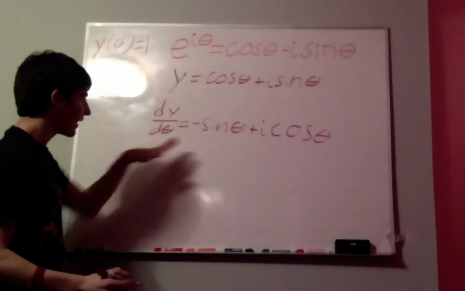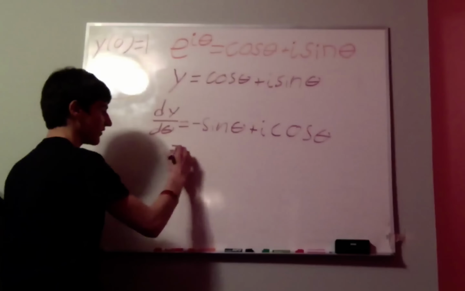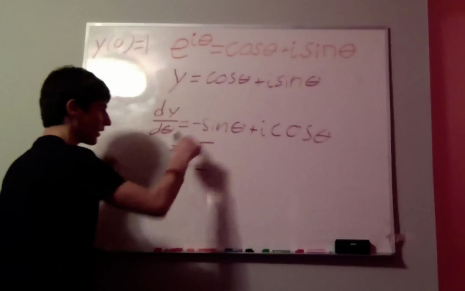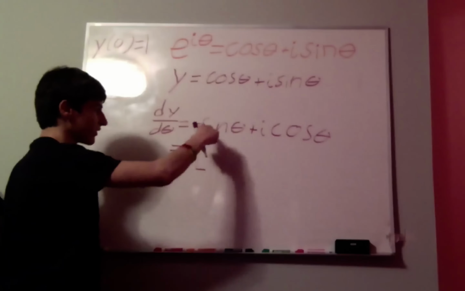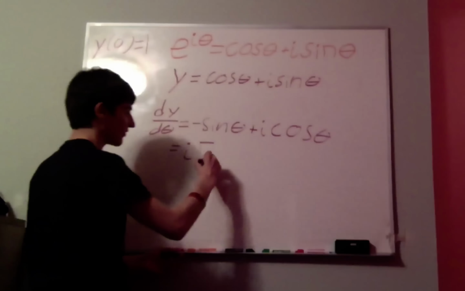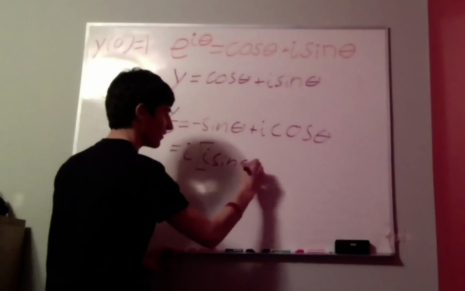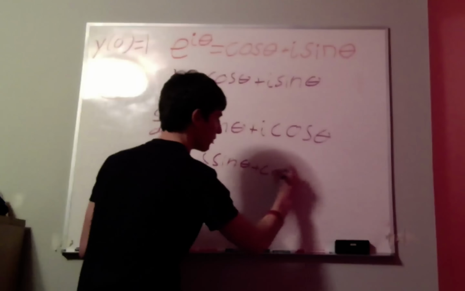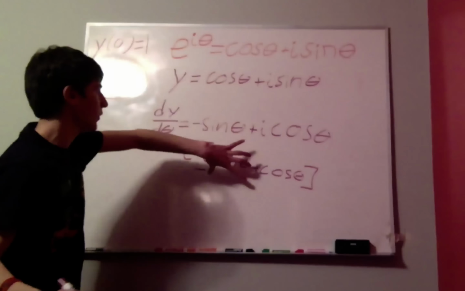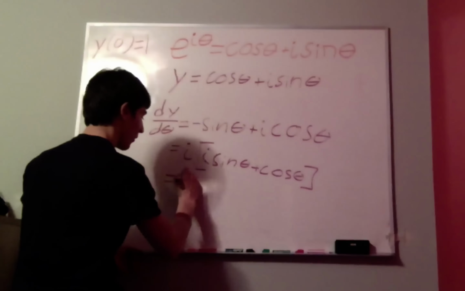Alright, now I'm going to factor out an i. So I squared is going to be negative 1, so if you bring out an i, this is going to be i sine theta plus cosine theta. If you look back, this is exactly what we defined y to be. So it's equal to iy.